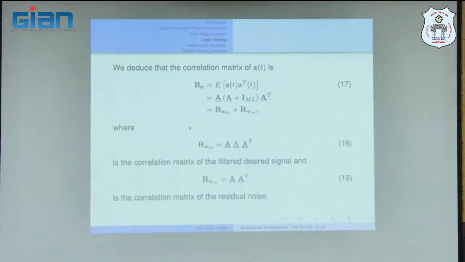So you see we can write it explicitly as a function of the filter matrix A, and this contains the eigenvalues, okay? The generalized eigenvalues, which we assume that we know.